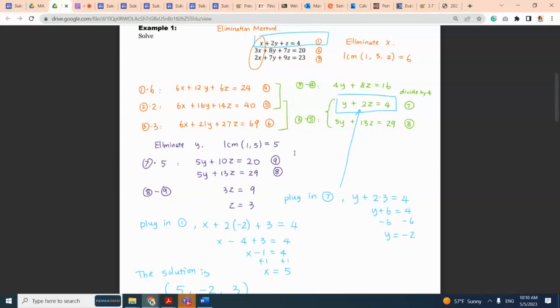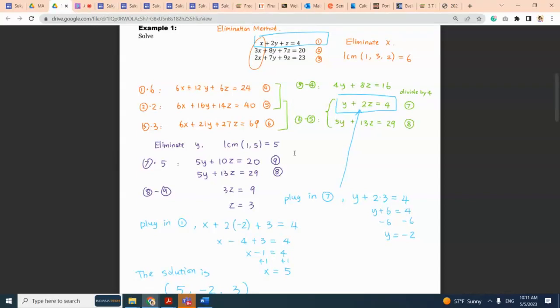So we eliminate the variable y. The LCM, least common multiple of 1 and 5 is 5. So that's why equation 7 is multiplied by 5, and then this is equation 8. See? The y is the same, so we can subtract them. And then you get 3z equals 9.